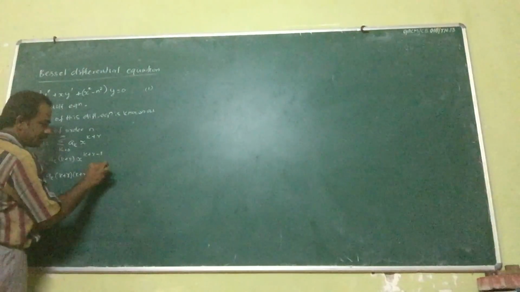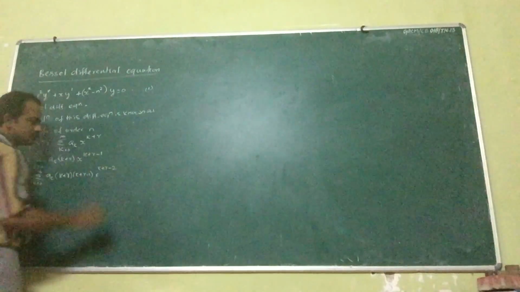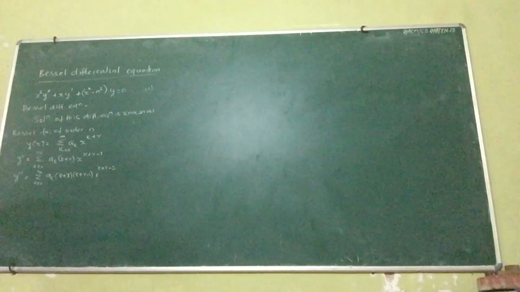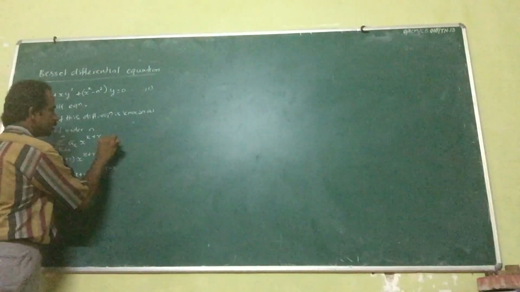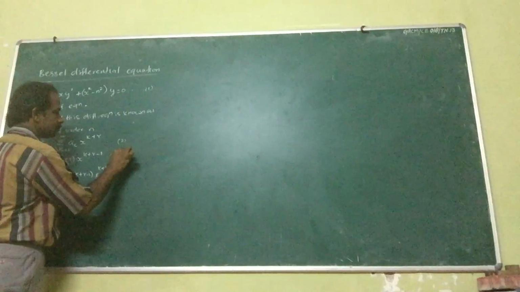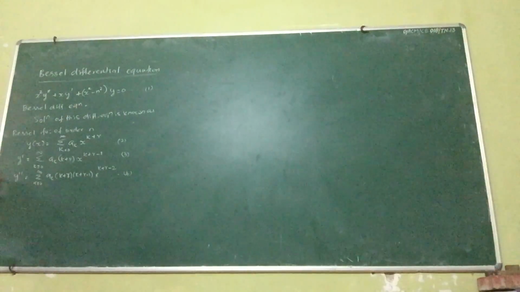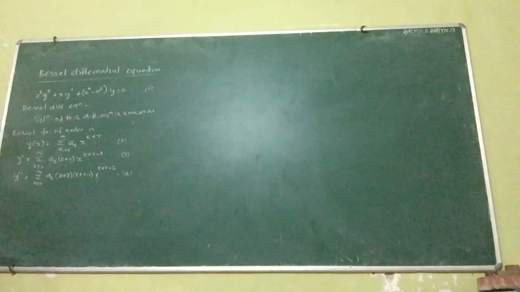Similarly, y double prime is the sum of (k plus r)(k plus r minus 1) x to the power k plus r minus 2. Here the sum must start from 1 to infinity. Call these equations 2, 3 and 4, and we substitute all these into equation 1.